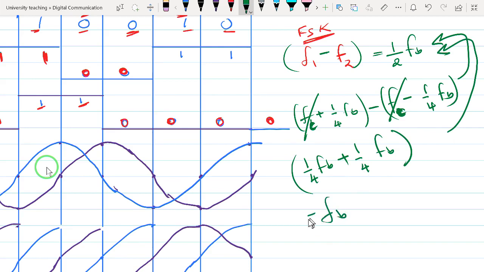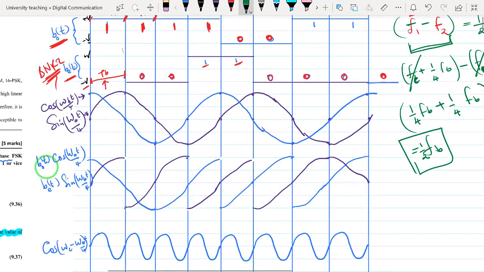And this is the minimum frequency separation that can allow us to detect a frequency shifted modulated wave. That is the reason we call it minimum shift keying. This is the minimum difference between the two frequencies with which they can be separated for us to be able to detect the transmitted bits by the FSK.